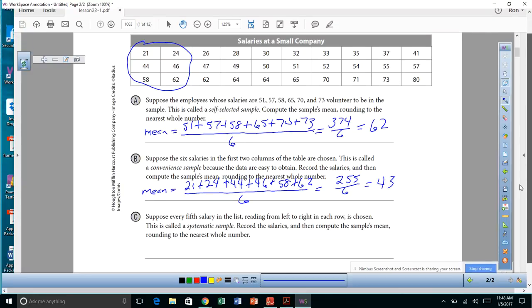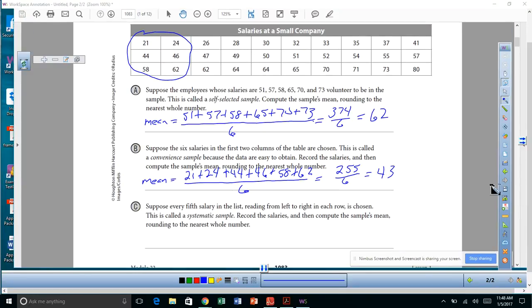Now, suppose every 5th salary in the list, reading from left to right, in each row is chosen. This is called a systematic sample. So every 5th one: 1, 2, 3, 4, 5, and again 1, 2, 3, 4, 5. That gives us 30, 41, 50, 57, 64, and 80.